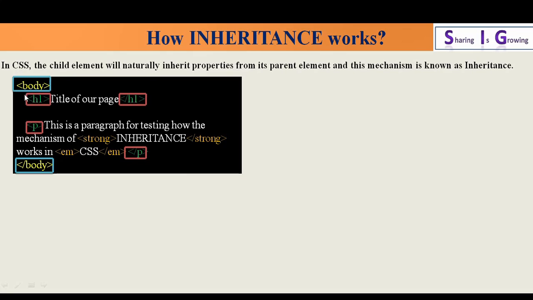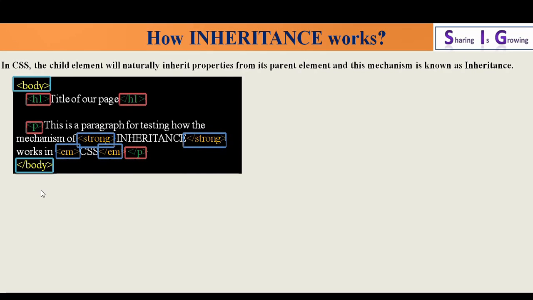This h1 header element and the p element will be considered the child elements of this body parent element. Within this body element we have included two elements, h1 and the p element, and these two are the child elements of the body element. And we have the strong element and the emphasized element here.